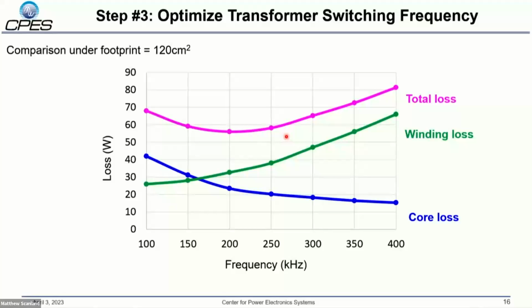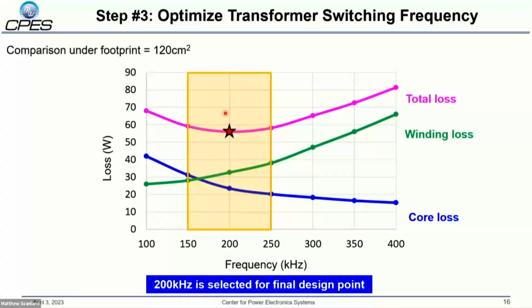In this case, we can sweep the different frequencies, and we will find that in the region between switching frequency equal to 150 kilohertz to 250 kilohertz, we will see the best optimal point for this transformer loss with a given footprint. In this case, we will finally design our transformer at this 200 kilohertz.